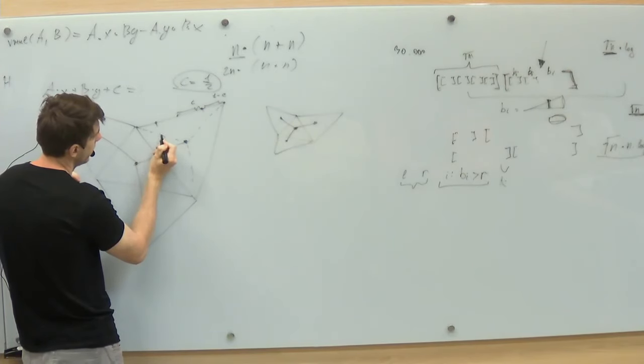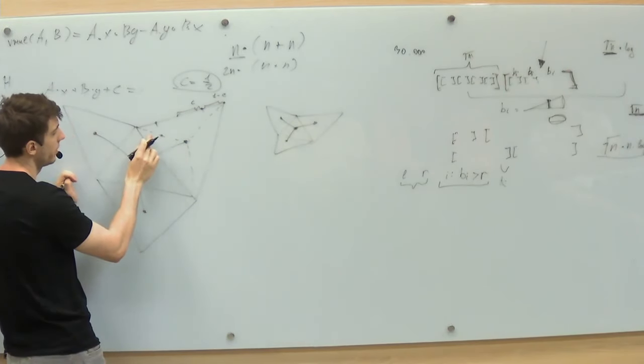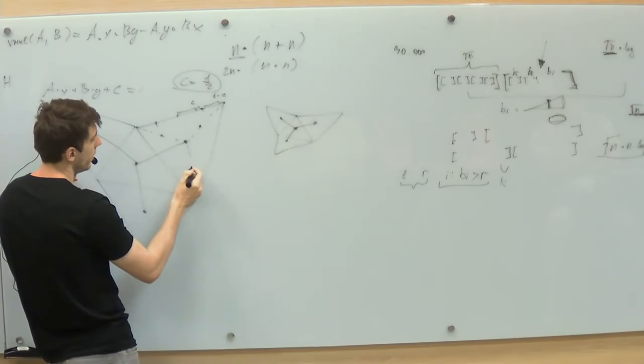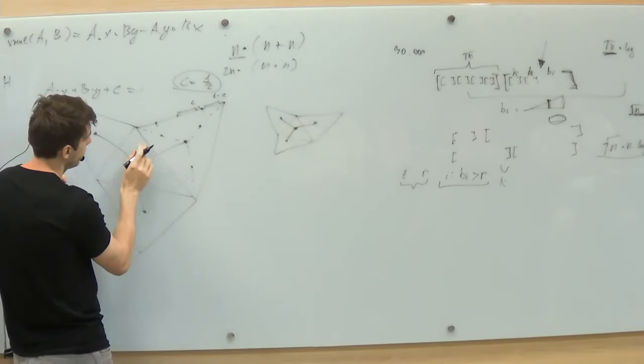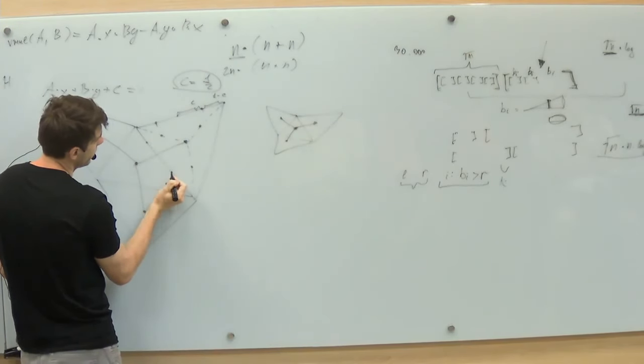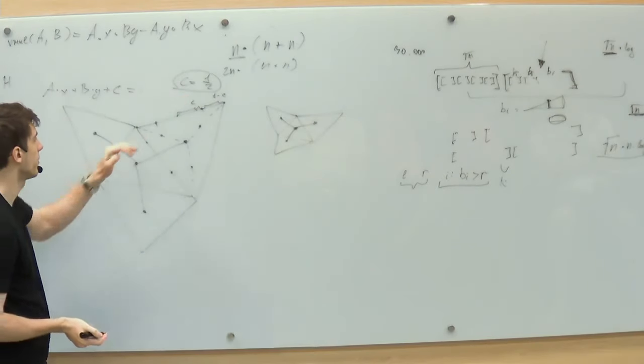Here we'll have C, here 1 minus C, here again C, here 1 minus C, here C, 1 minus C, and for this edge, for everything, we just split the edges in this proportion.